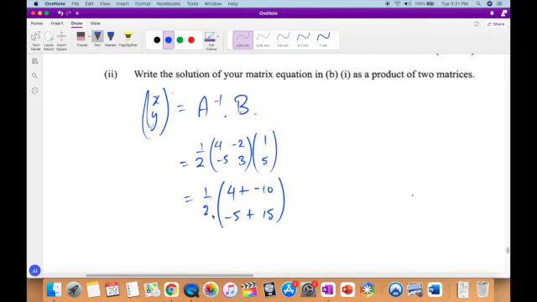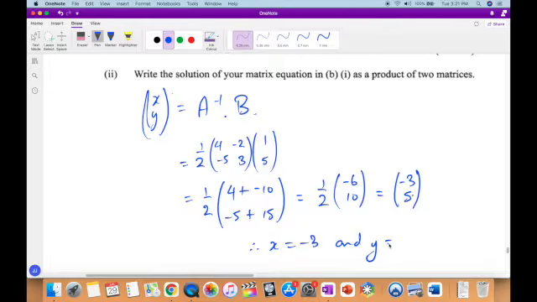Remember, we have the half on the outside here, so that'll give us a half into [4 minus 10; 10], which is [-6; 10]. So if I multiply the half throughout, I will get -3 and 5. So therefore, x equals -3, and y equals 5.